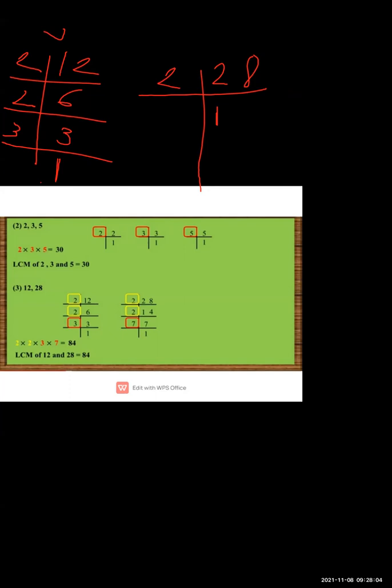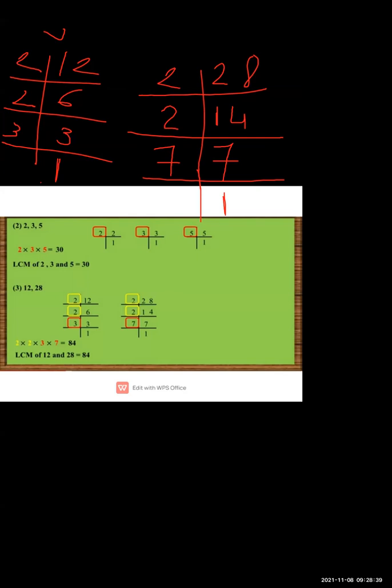Next 2 4s are 8, 14 has come. Again it is divisible by 2. Now here 1 is smaller, so we will take both numbers, that is 14. 2 7s are 14. Now 7 is not going in any table, so we will write 7 1s are 7.